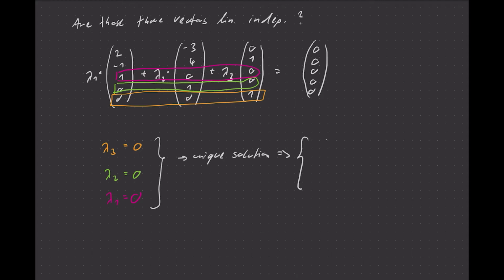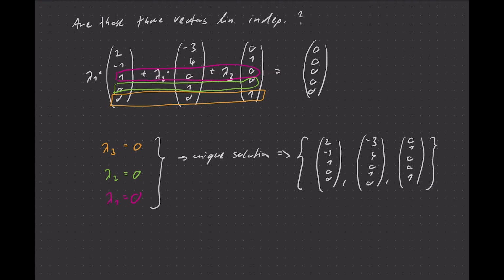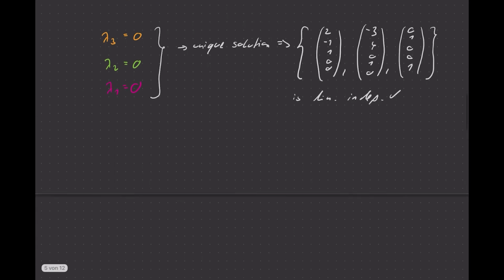Okay, so those vectors here, (2, -1, 1, 0, 0), (-3, 4, 0, 1, 0), and (0, 1, 0, 0, 1), are linearly independent. And that's exactly what we wanted, because that means we have found a basis for our solution set.